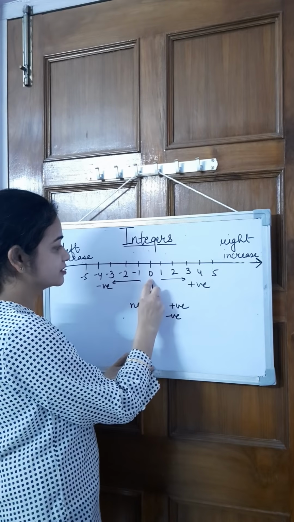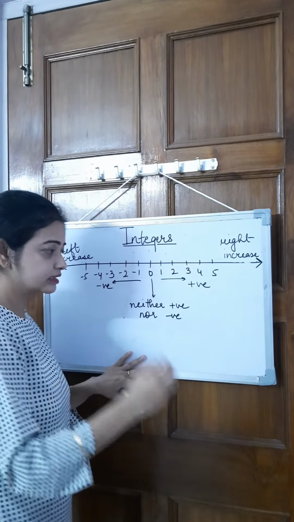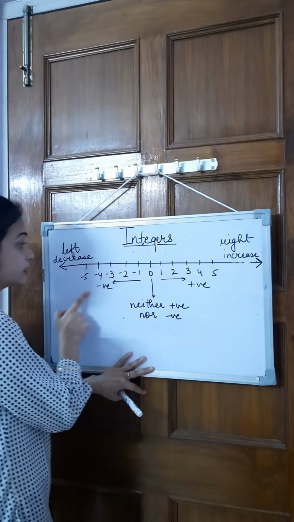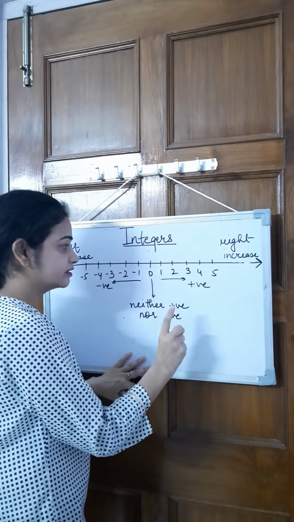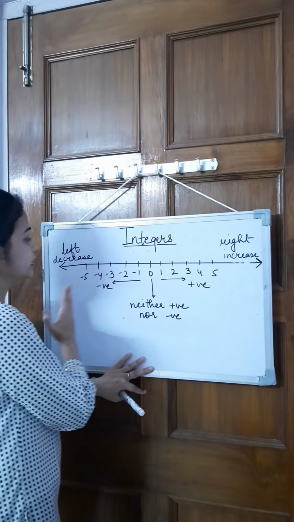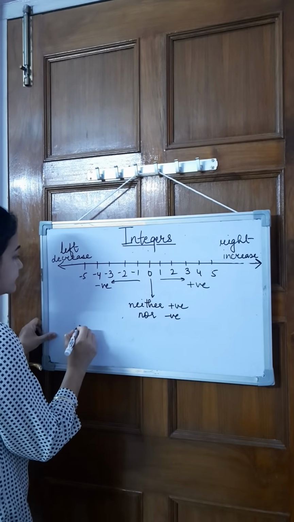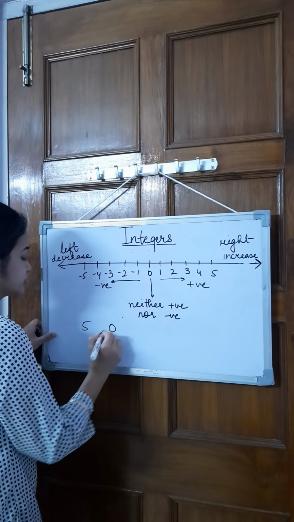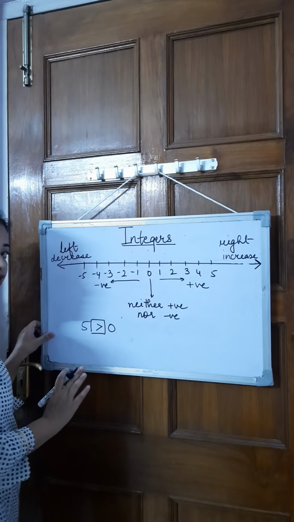So 0 is less than all positive numbers and 0 is greater than all negative numbers. So this is one thing. The second thing is, all positive numbers are greater than all negative numbers. If I write 5 and 0, we can easily say that a positive number is always greater than 0.